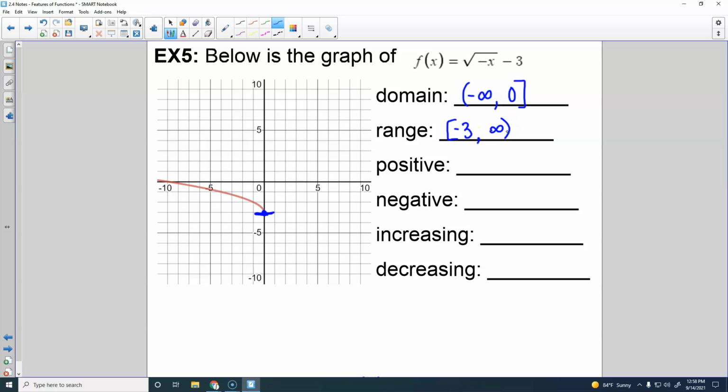Why do we use brackets? Brackets are like having a less than or equal to sign. It means that that point is included, so it means including negative 3. For example, let's say we have a ride at the fair, and it says that you can weigh up to 250 pounds.